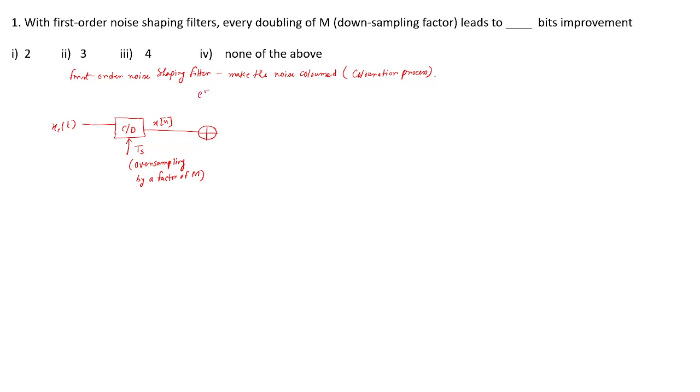So the uncorrelated quantization noise e[n] in the first order noise shaping filter is passed through the block with response given as 1 minus z inverse, and that produces e hat of n. This e[n] is white noise.